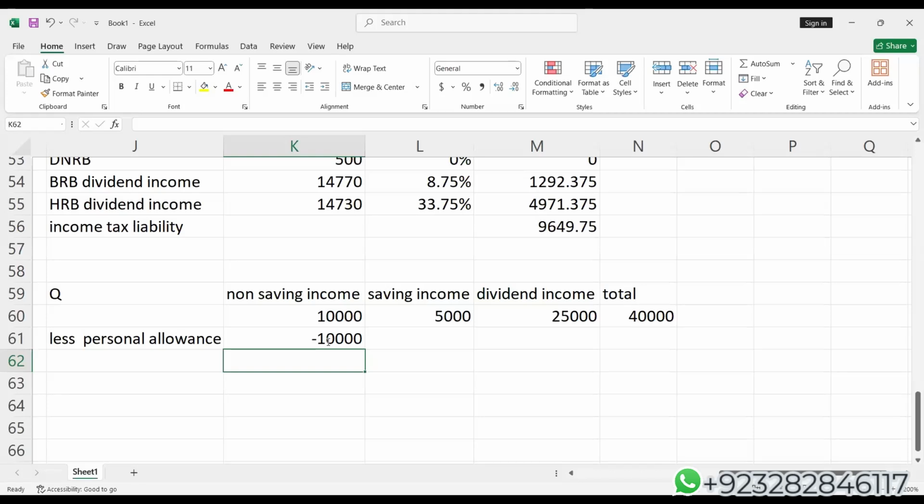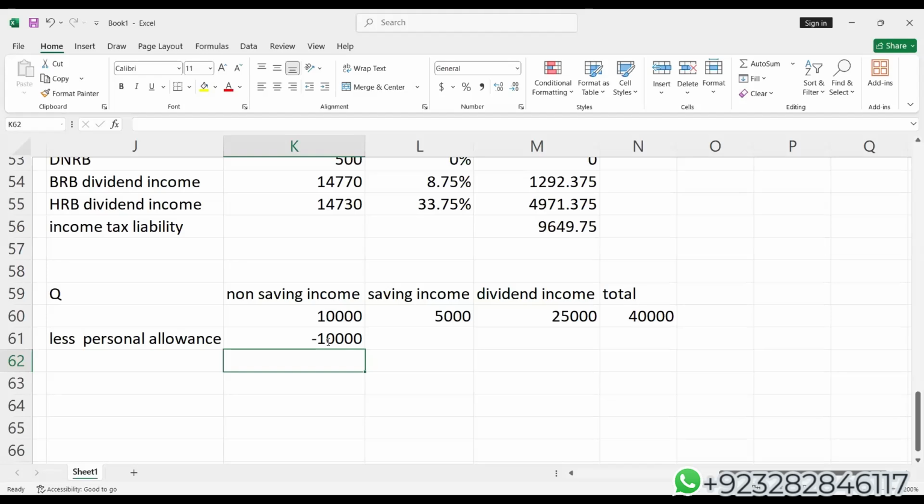But here, if you look at the amount of saving income, which is just 5,000, number one. Number two, if you look at the taxable income in the non-saving column, it will be zero. Zero taxable non-saving income means the entire 5,000 pounds for the starting rate band is available.